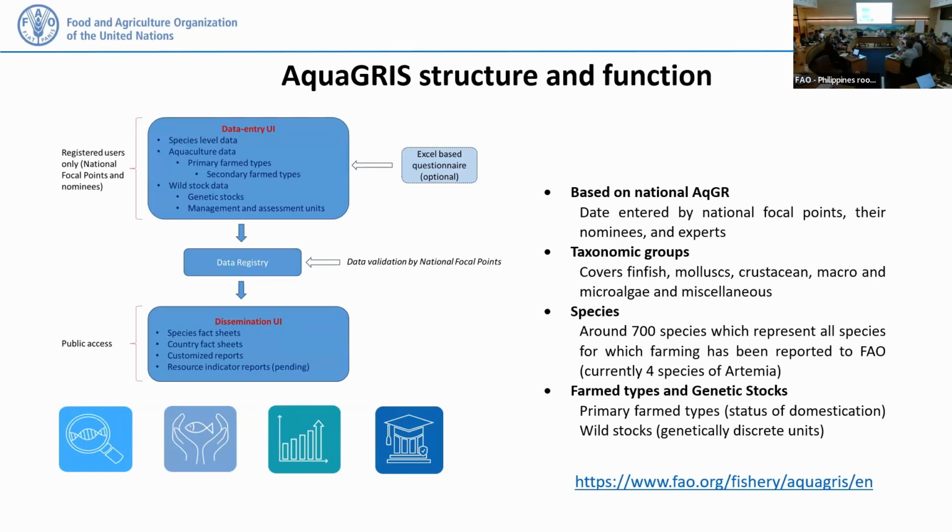But we recognize that no individual in any country knows everything about the genetic resources. So we rely on those national focal points to designate experts. In most cases, those experts will be national experts, but in some cases, and Artemia may be that example, it can be a mix of international experts and national experts to enter the data.